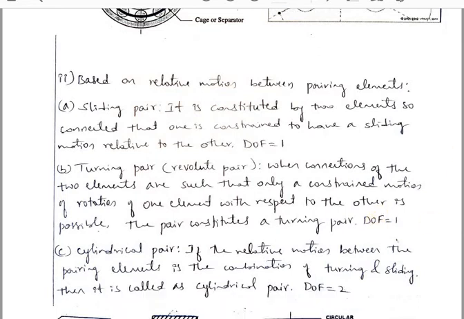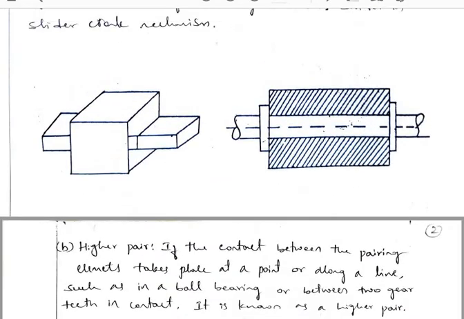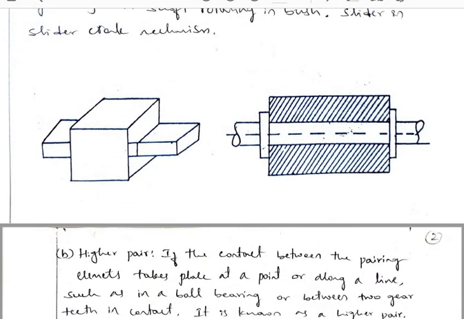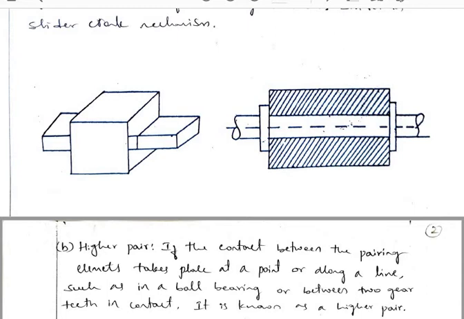Okay, again if we take this example, here the shaft will be rotating under the bush and its sliding motion is restricted and it can only rotate, then it is called as a turning pair.